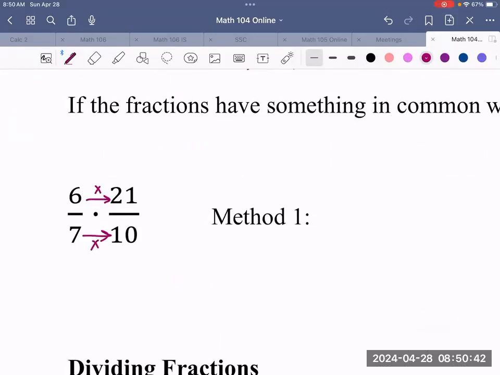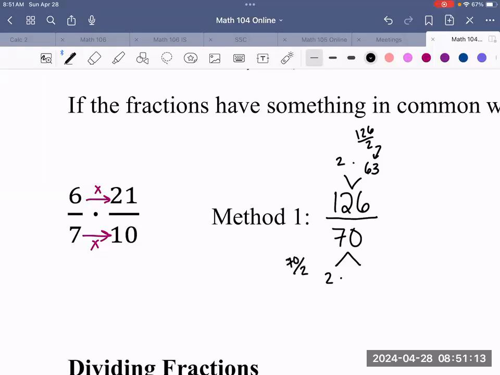So 21 times 6 is going to be 126. 7 times 10 is 70. Okay, so these both have a 2 in common. They are both even. So 2 times what equals 126, or 126 divided by 2 gives us 63. Same thing. 2 times what gives us 70, or 70 divided by 2 gives us 35.